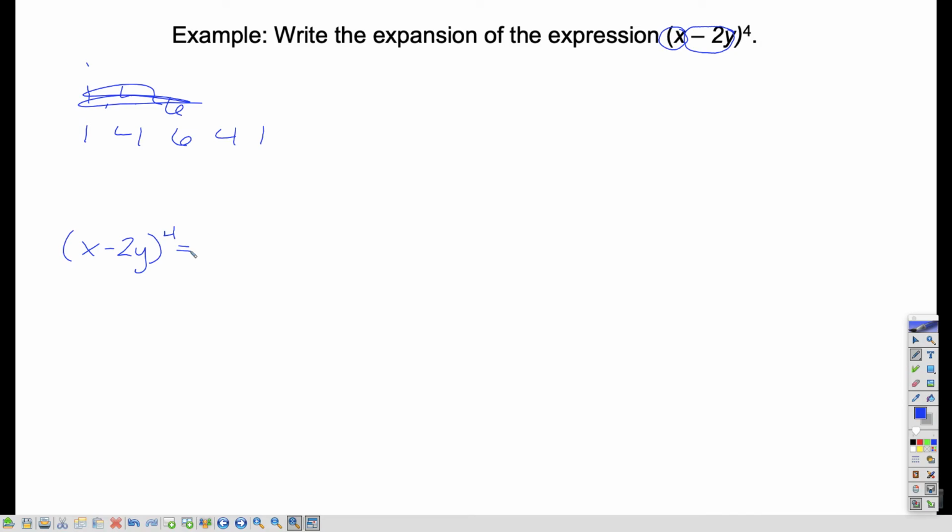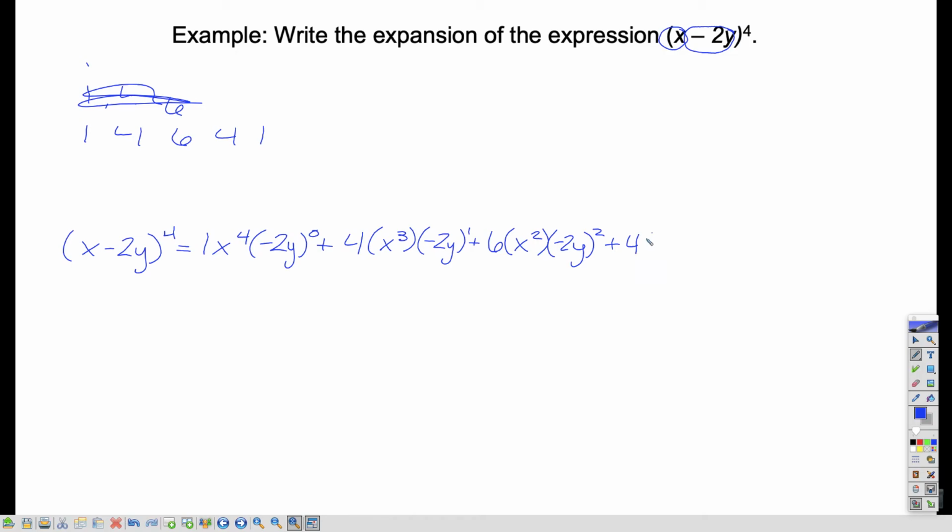Okay. So x to the fourth, so 1 times x to the fourth, negative 2y to 0, plus 4x cubed, negative 2y to the first, plus 6x squared, negative 2y squared. Make sure your square goes outside the parentheses when there's two things, because that square goes to both.